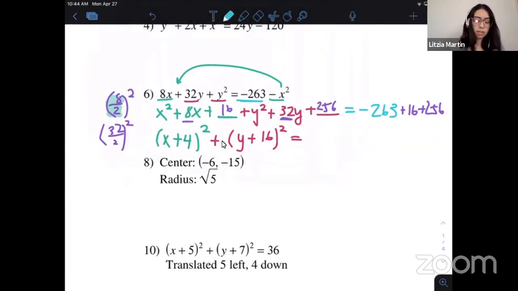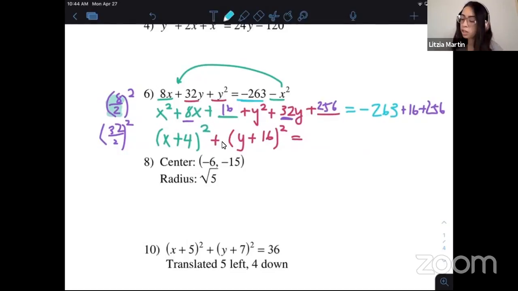On the other side, we have negative 263 plus 16 plus 256. So that's going to equal 9. Okay. So that is our equation that we wanted to write out.